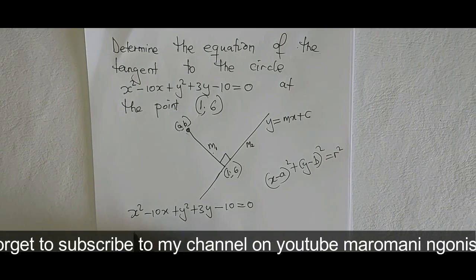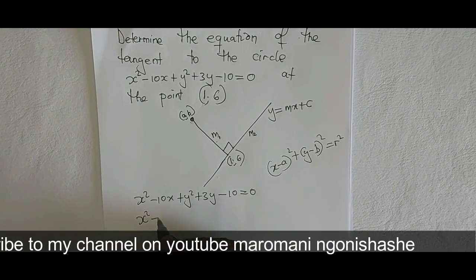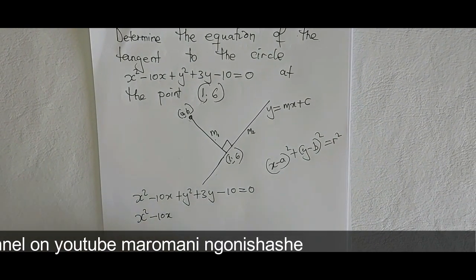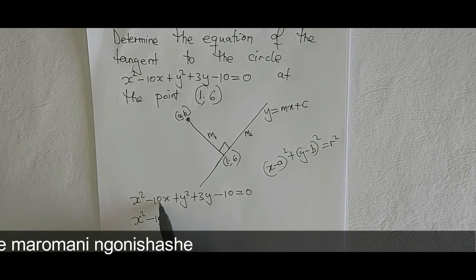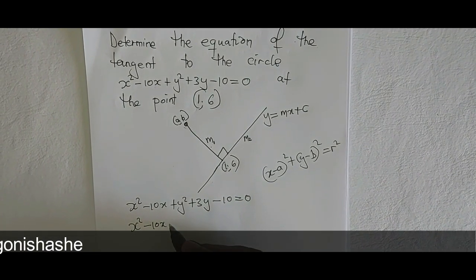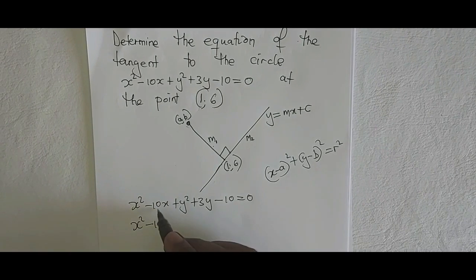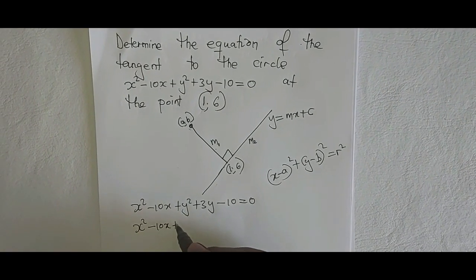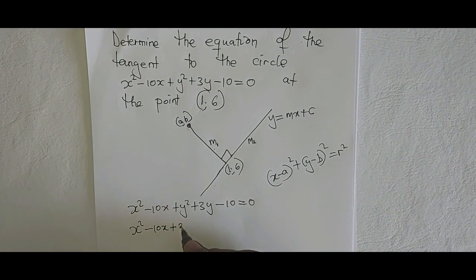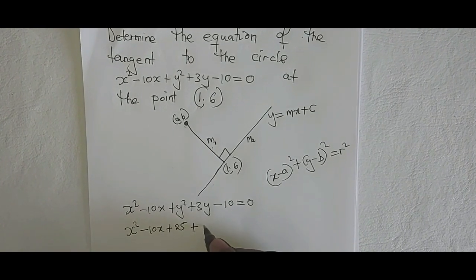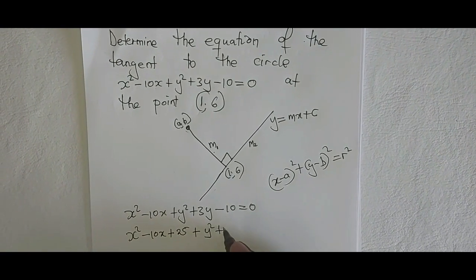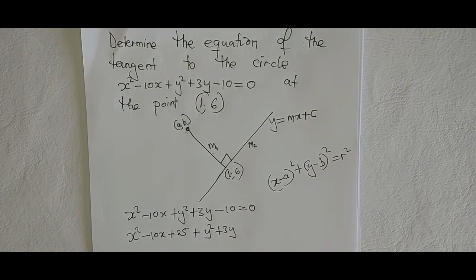That is to say, it will be x squared minus 10x. We divide minus 10 by 2, which gives us 5 squared. That is, plus 5 squared, which is 25, plus y squared plus 3y.